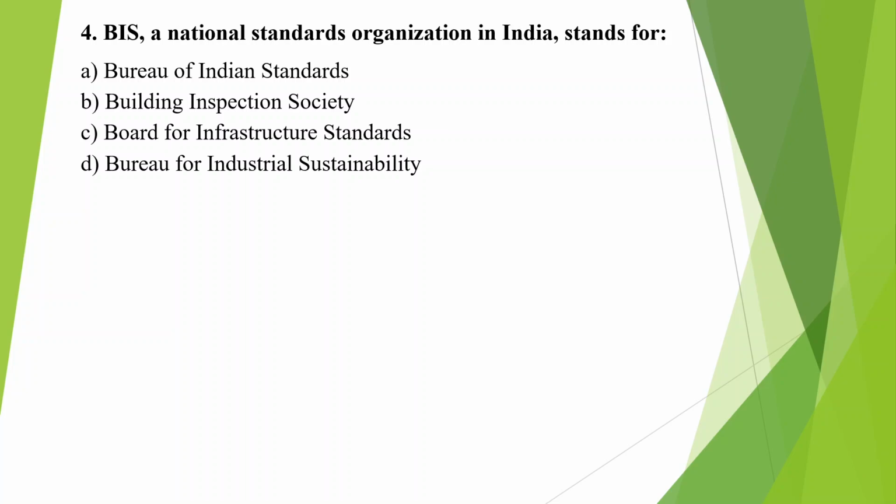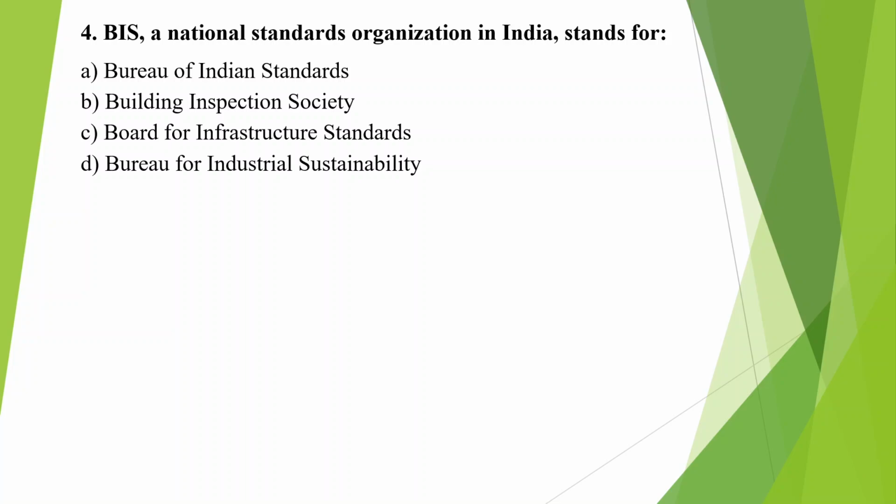It's very difficult to prepare a multiple choice question for this kind of question, because, as you know, in the question it has already been stated that BIS are national standards. It is talking about a national standard. So out of the four options, you can easily discard two options which are talking about society or sustainability. Only two options are left: Bureau of Indian Standard or Board of Infrastructure Standards.